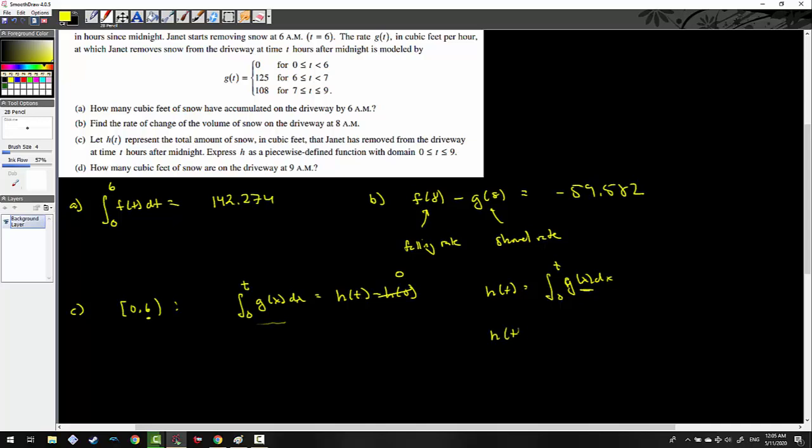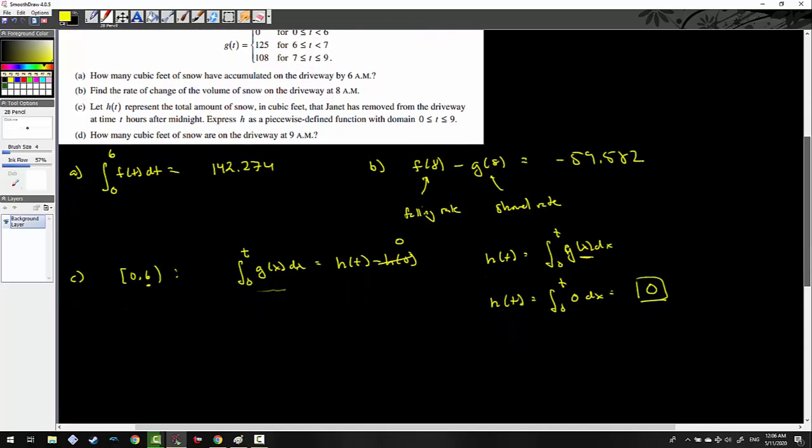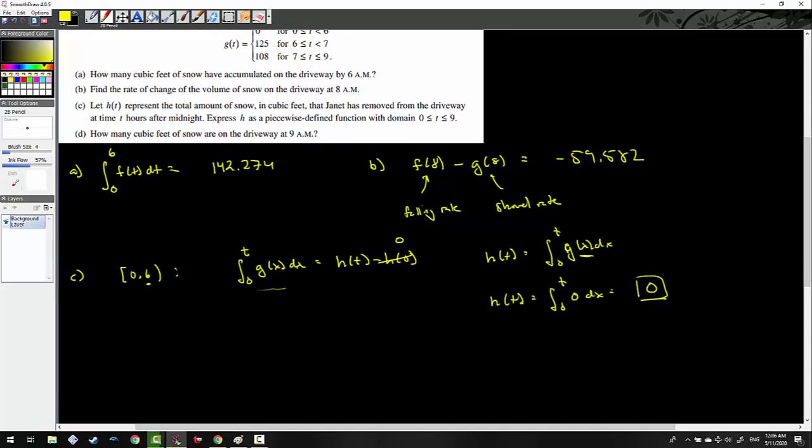Well, that's going to be h of t equaling the integral from 0 to t of what function exists between 0 and 6. It's 0. So what you get is 0. Janet did nothing for the first 6 hours, but that's okay. She's going to get busy in just a second. On the time interval 6 to 7.